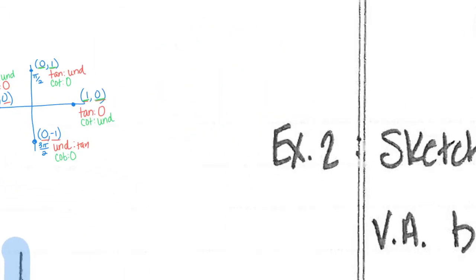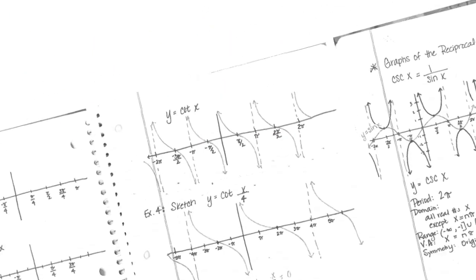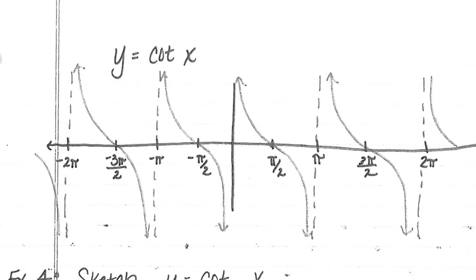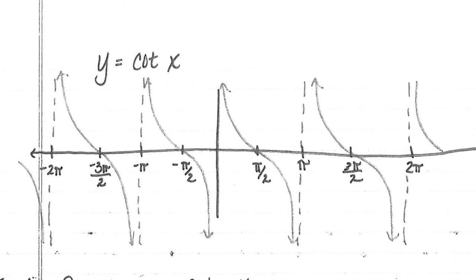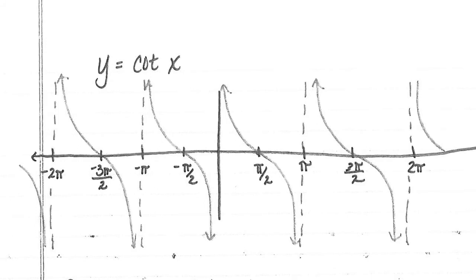So we are going to take a look to see what that looks like. So notice that at every 0, pi, 2 pi, 3 pi, we now have those vertical asymptotes. So vertical asymptote here, here, here, here.